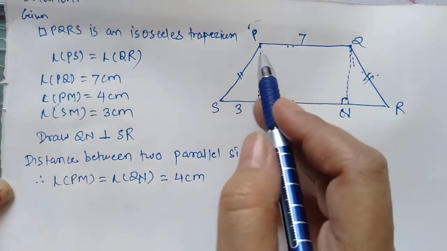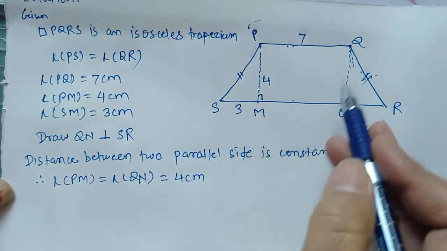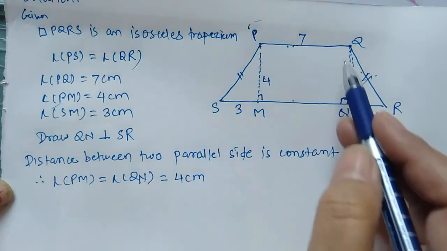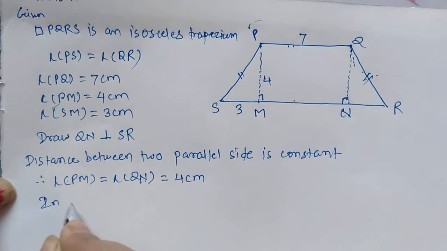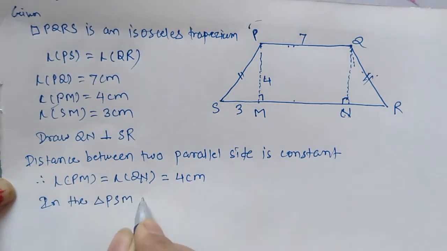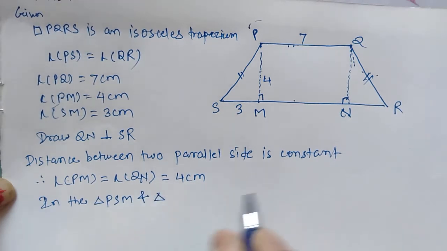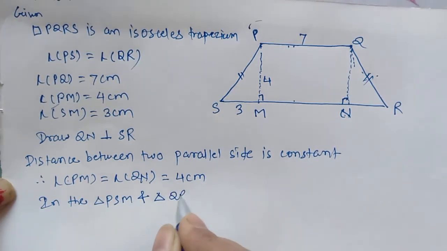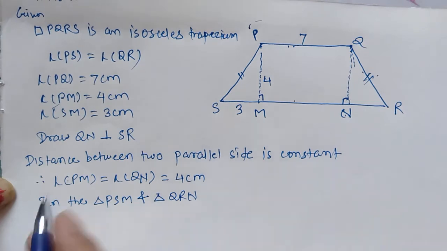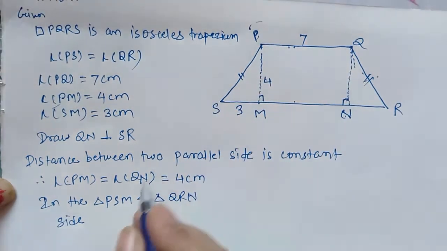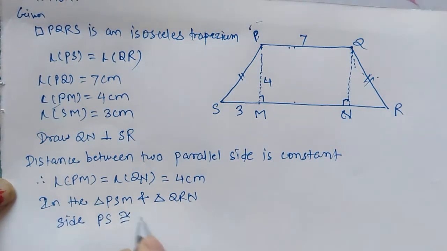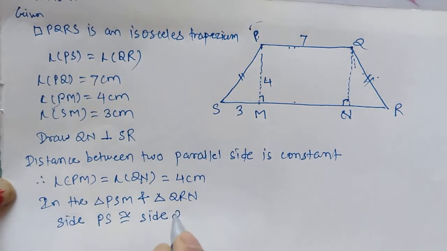Now see the triangle PSM and triangle QRN, both are right angle triangles. So in the triangle PSM and triangle QRN, side PS is congruent with side QR.